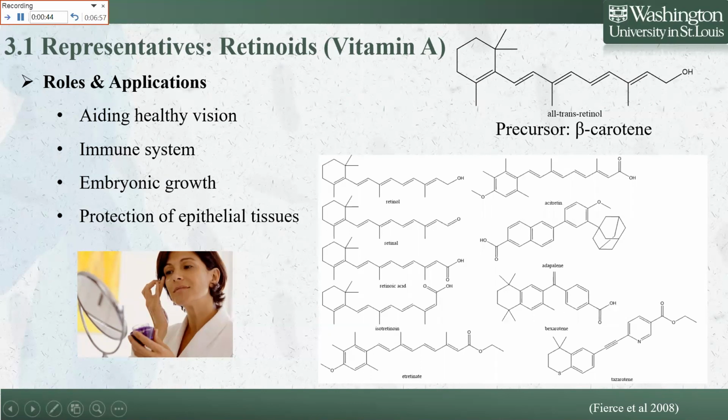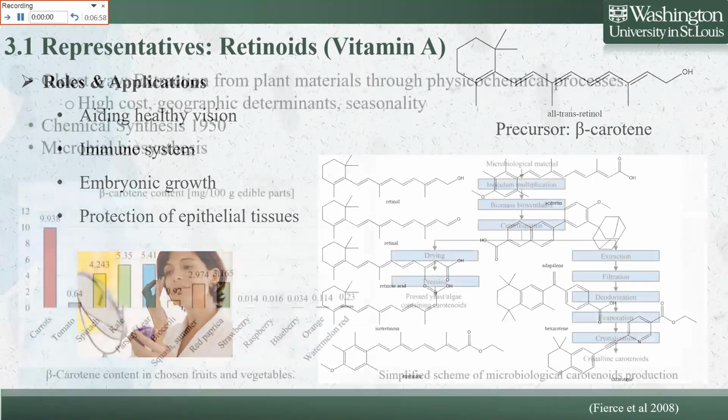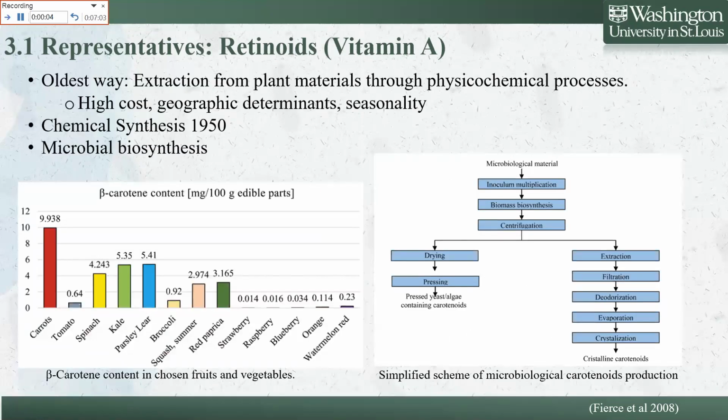And next, I'm going to introduce the development of retinoids. Here is a picture of beta carotene content in chosen fruits and vegetables.